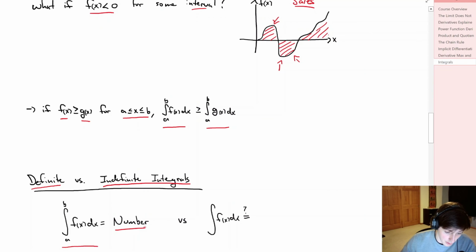But thanks to a few smart people back in the day, if we consider the definite integral, the thing that we've been looking at this entire time, it was discovered that you could actually solve this, that it was equal to some other thing, call it capital F, at the top limit of integration, so b, minus, again, that capital F evaluated at the lower limit, or a.